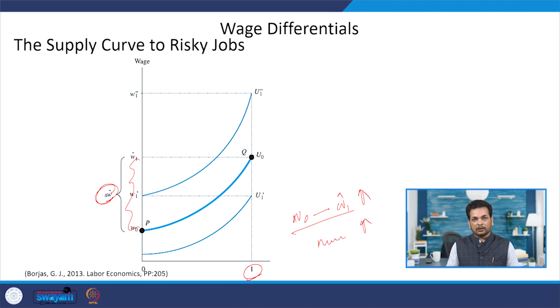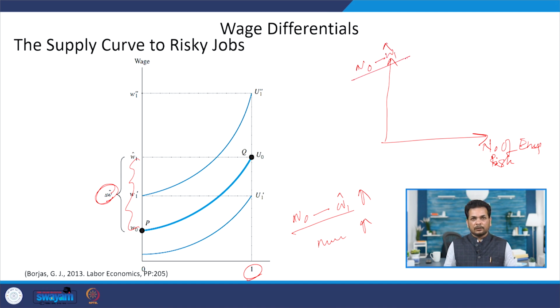So, if we can draw the relationship between the number of employment in risk job, on the y axis we can measure the difference between this W0 and W1 hat. So, this reservation wage will be different for different individuals.